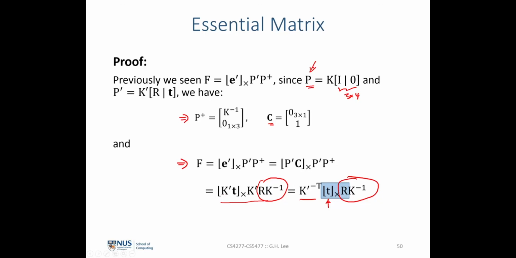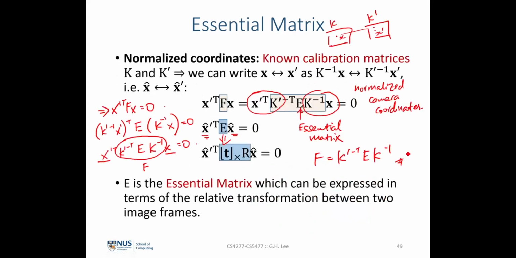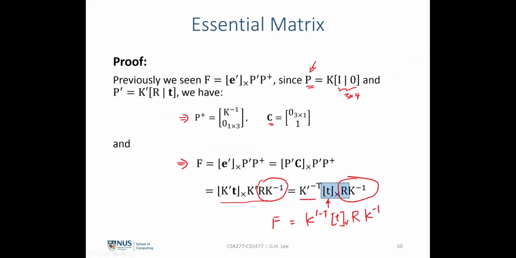And hence, we know that the fundamental matrix is equal to K prime inverse transpose, T cross with R, and K inverse. Now, this is exactly the relation that we have seen earlier, where we have proven that E, the essential matrix here, is indeed the cross product of the translation vector and the rotation matrix.